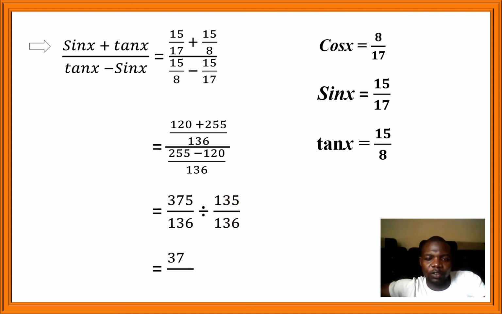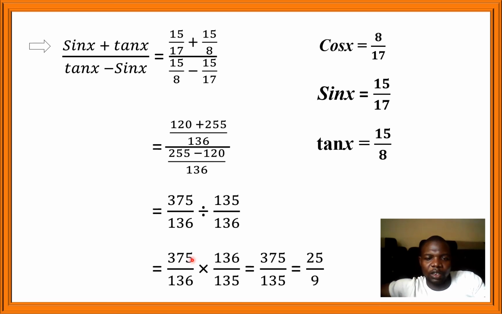Let's change the division sign to multiplication. This will now give us 375 over 136 by 136 over 135. 136 will cancel 136 here, they are common, leaving 375 over 135, and we can cancel.